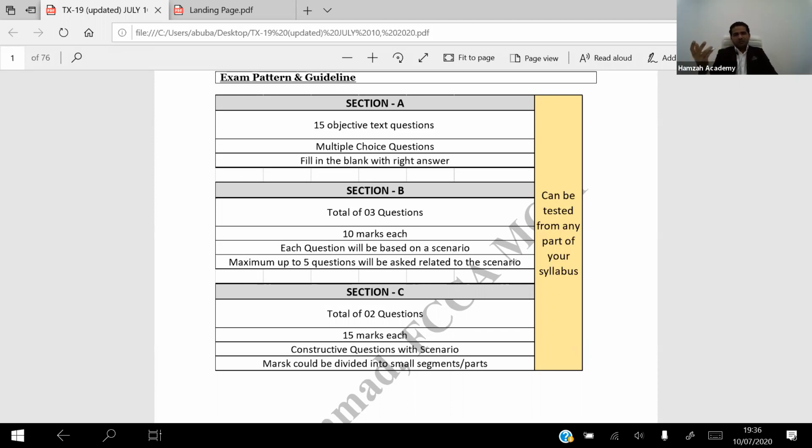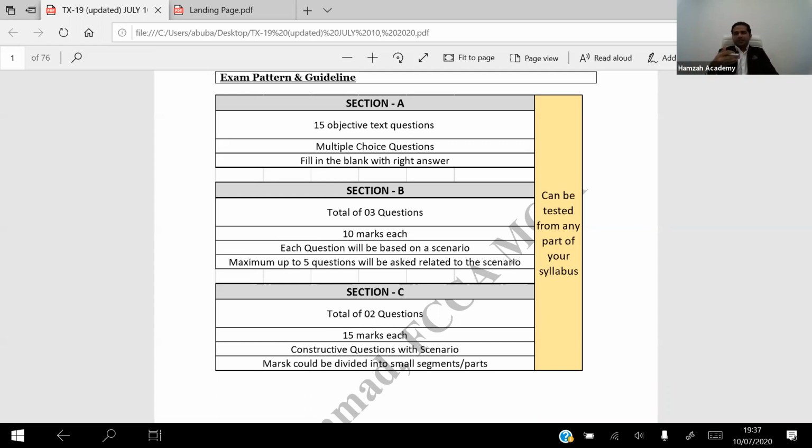Objective test portion means you will be required to answer in the form of multiple choice questions or fill in the blank questions. So you should expect in this portion some sort of multiple choice questions. Multiple choice questions are where you have multiple options to pick the right answer.